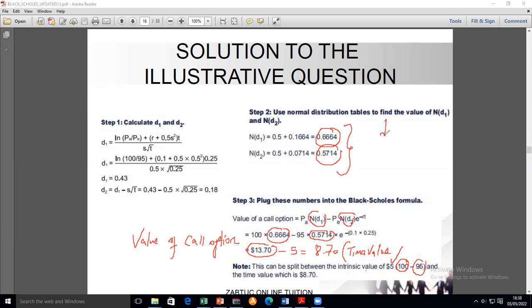You must know how to get your D1 and your ND1. You must know how to get your D2 and the ND2. If you're able to get that, then you're basically okay. Are there any questions on the Black-Scholes option pricing model?